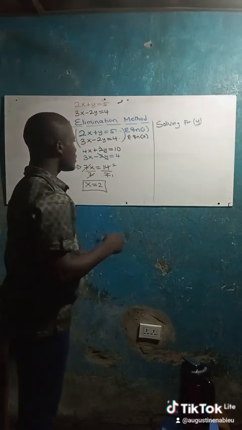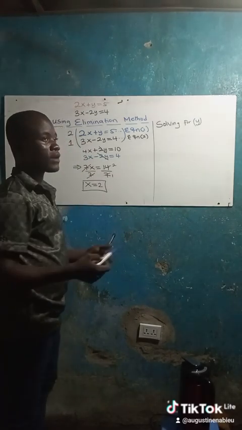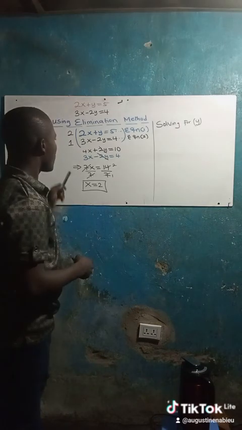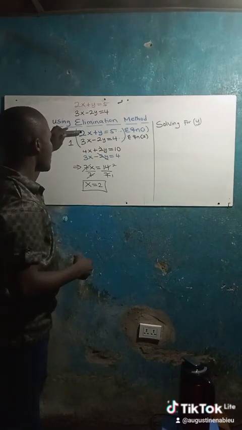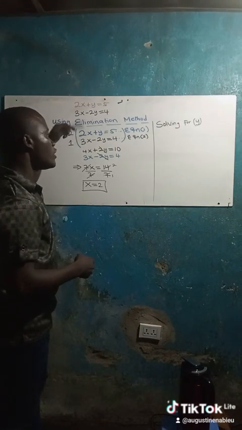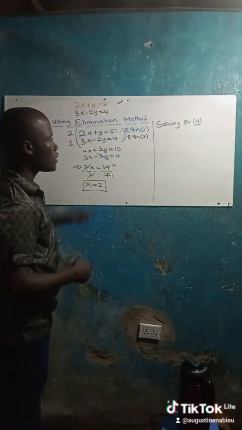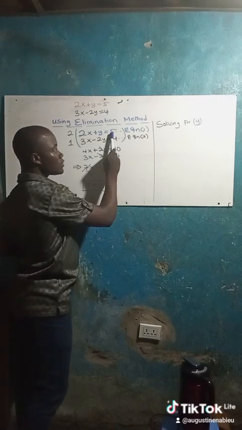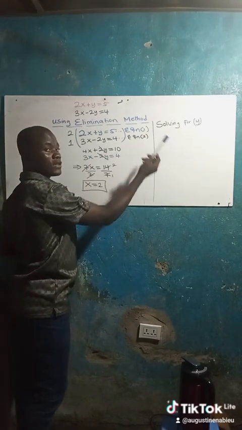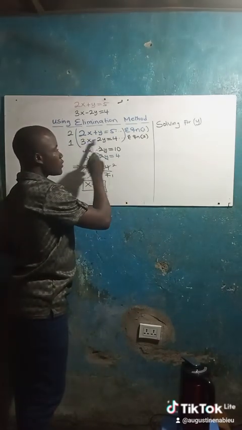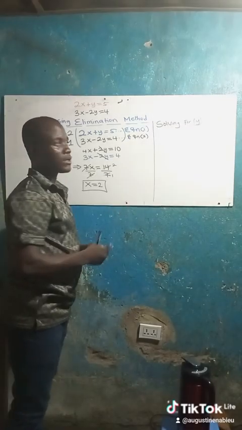Now, in solving for the value of y, I'm going to take any of the two original equations. I can either take equation 1, and I will still get the same answer. If I take equation 2, I will still get the same answer.